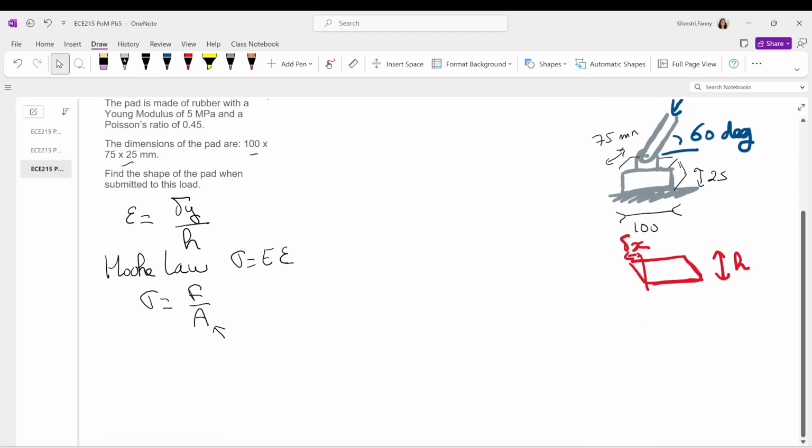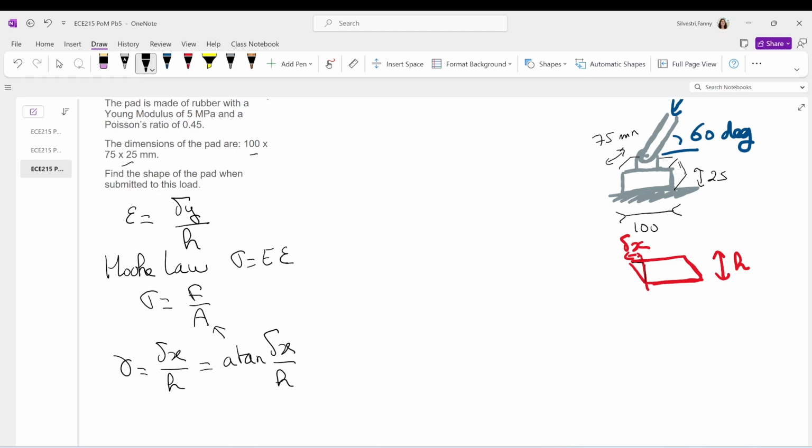Now for the other one, with gamma. Remember gamma, the shear strain? That will be delta x divided by h. We would use the tangent of delta x divided by h, but when delta x divided by h is very, very small, the arctangent or just delta x divided by h will be very, very similar.